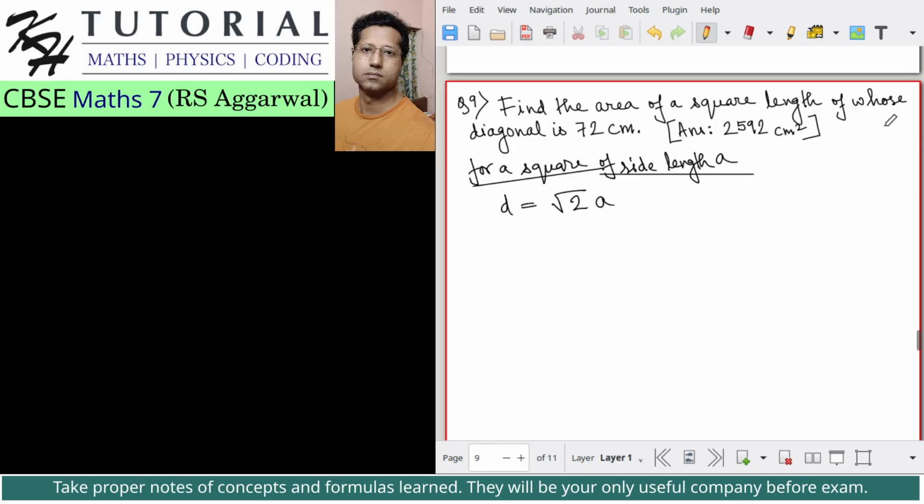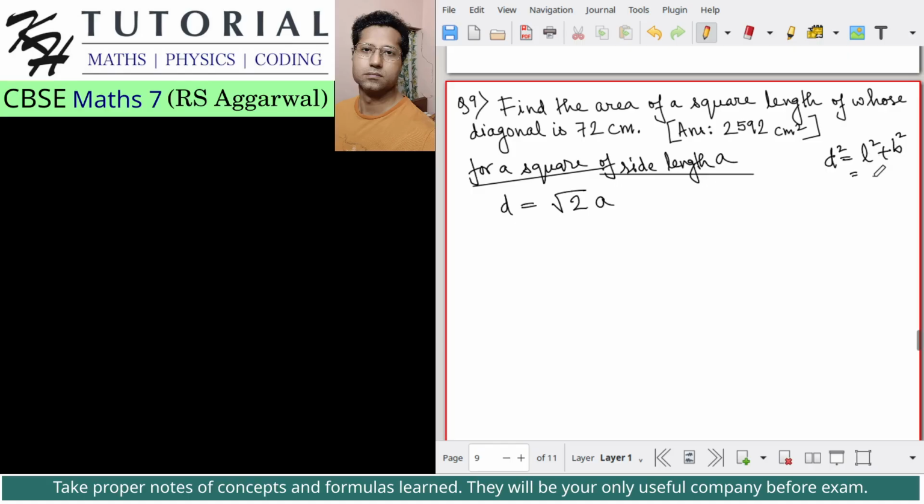This is coming from the fact that I have already discussed in the previous video, that for a rectangle D square is equal to L square plus B square, and for a square the length and breadth are the same.